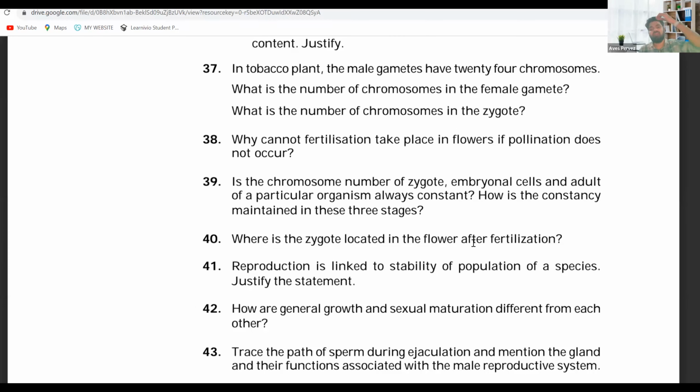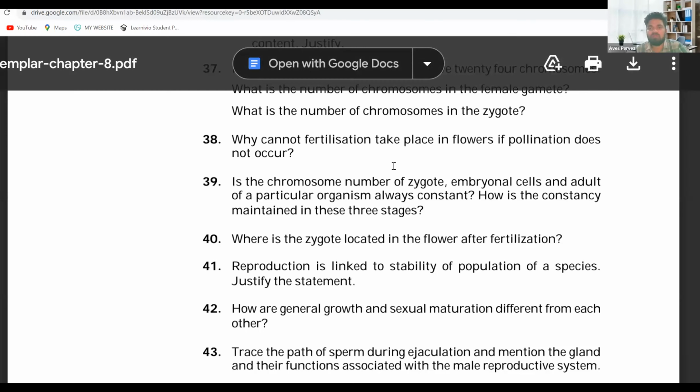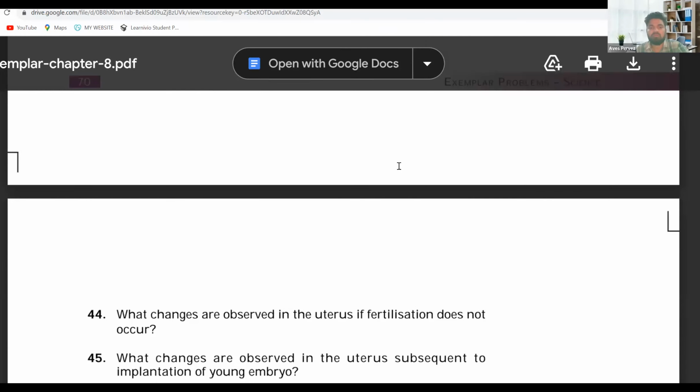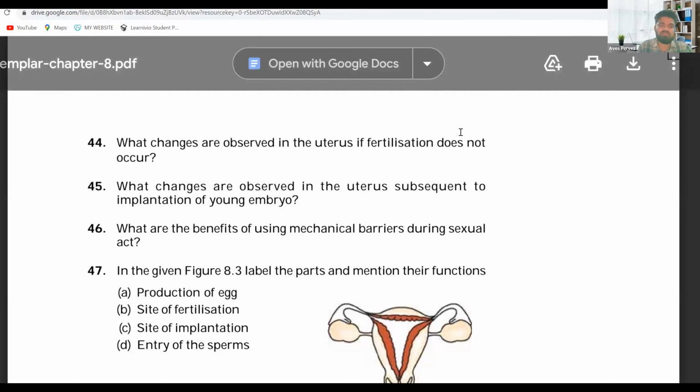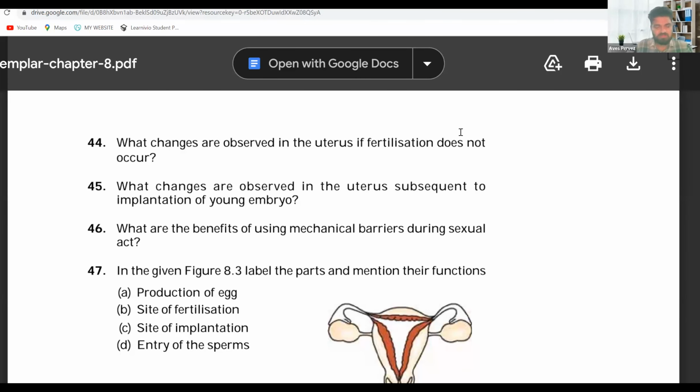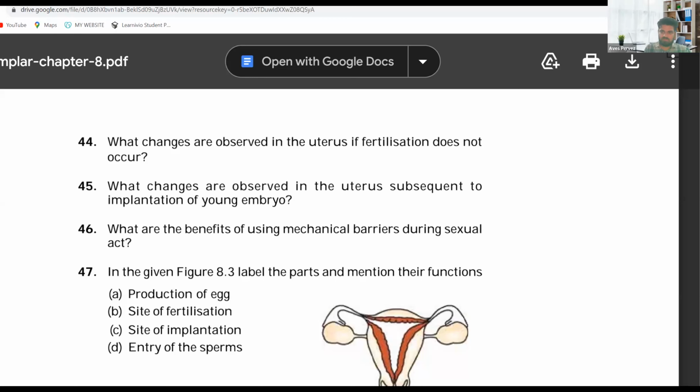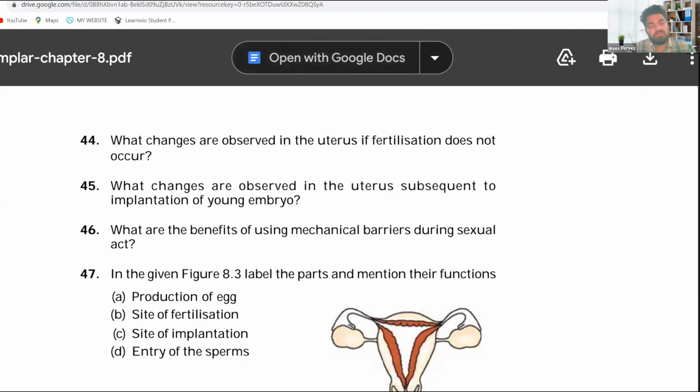Where is the zygote located? What changes are observed in the uterus if the fertilization does not occur? Tell me. Not the menstruation. Menstruation is a continuous process.